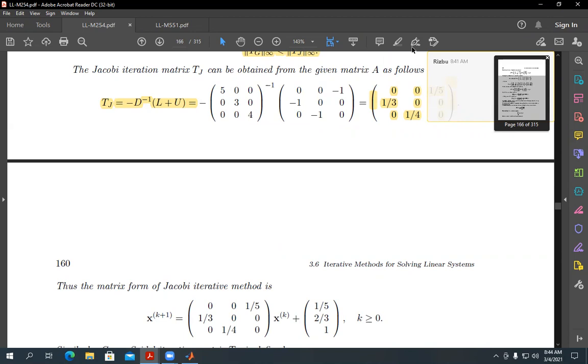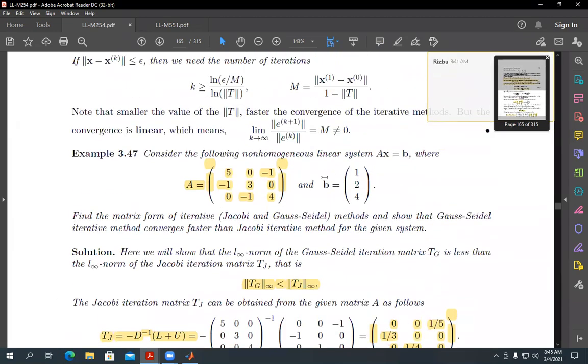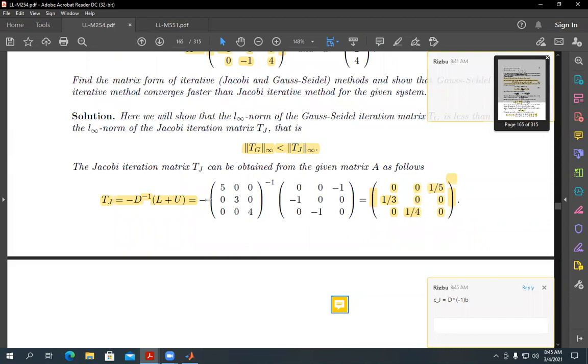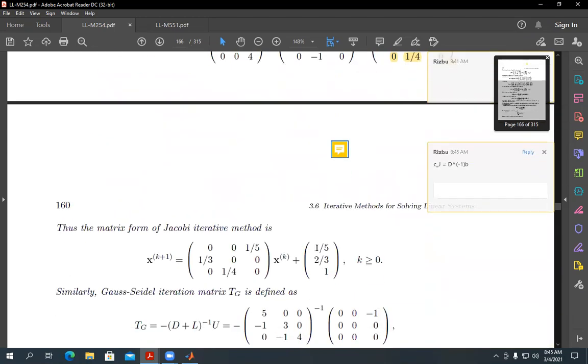We know the formula of the constant for the case of Jacobi. If you remember, I gave it: D inverse times B. B is given as 1, 2, 4, and D inverse, I told you, is 1 over 5, 1 over 3, 1 over 4. When you find this one, inshallah, you will get C, and this is your TJ.